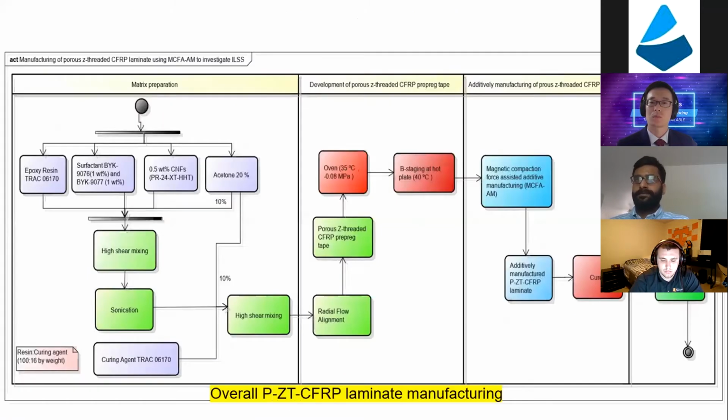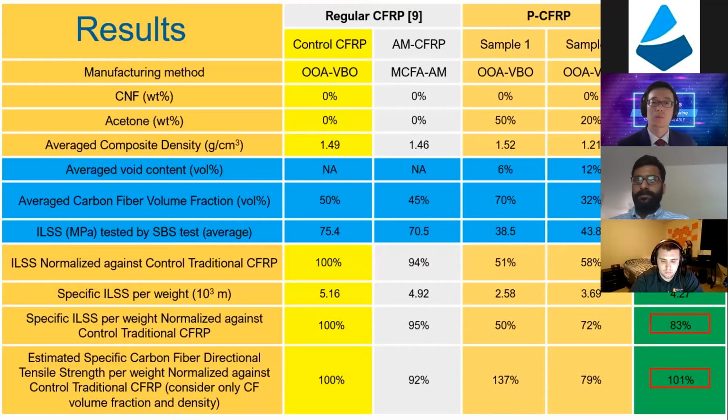Although we still managed to get good results, as you can see, for example, we put acetone there and it created voids. We got 10% void in the composite laminate, but the interlaminar shear strength is still 83% of the original strength.